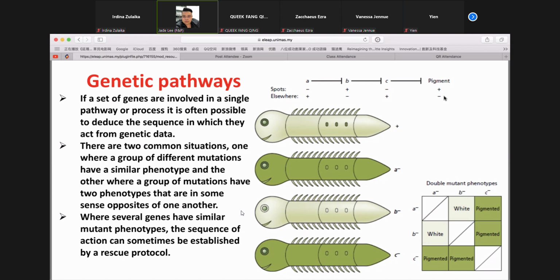So bila you publish paper, you kata, I knock it out, but the reviewer will ask, have you done any rescue experiment to confirm this phenotype? So that's why kita perlukan rescue protocol or a rescue experiment. Okay, boleh faham tak? Boleh, doktor.